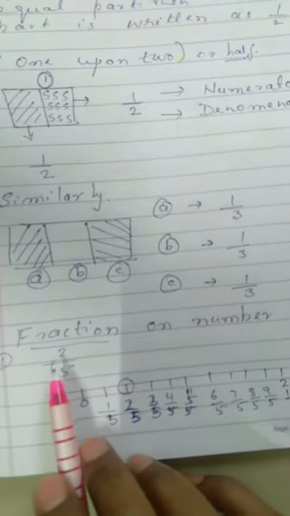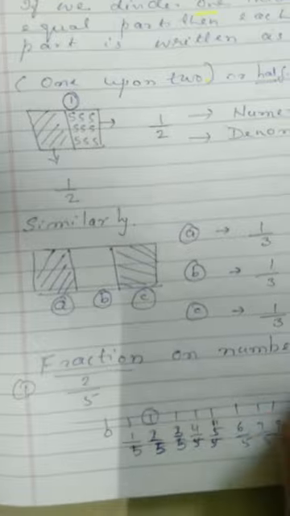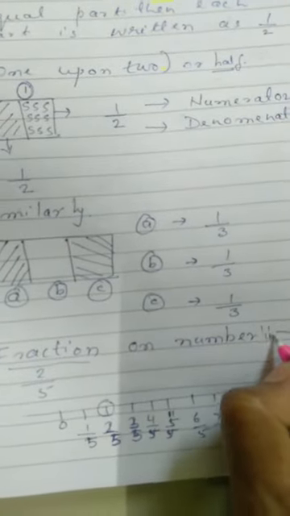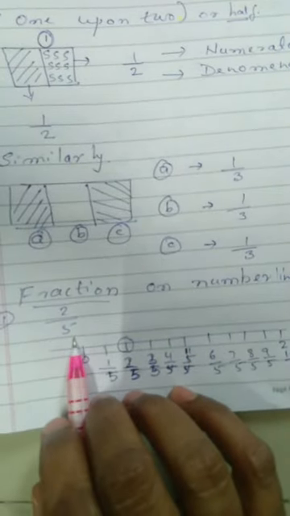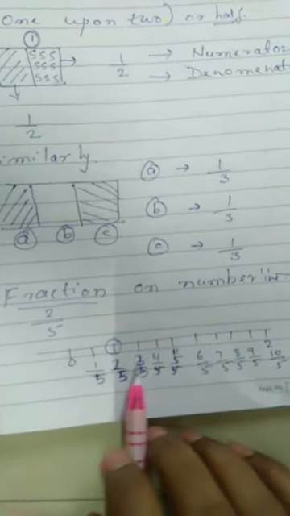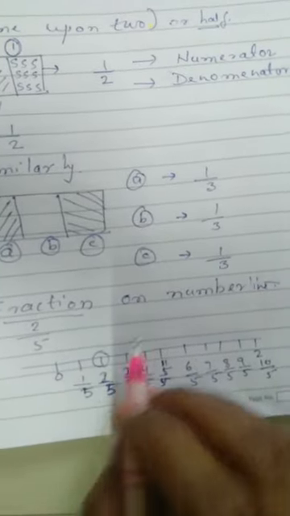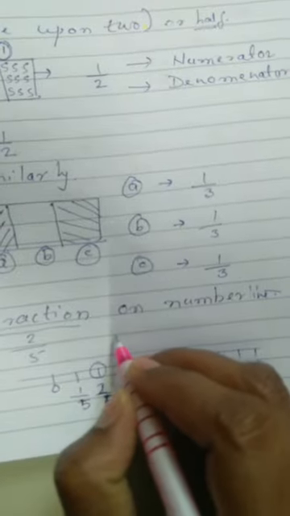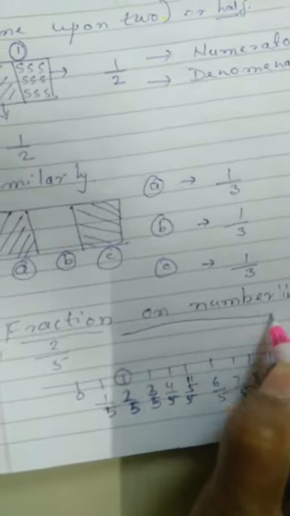Now we try to write fraction on number line. Suppose we have a fractional number 1 upon 5 and we have to put it on number line. Then how can we show it? For this, I am showing you a simple way. We draw one line.